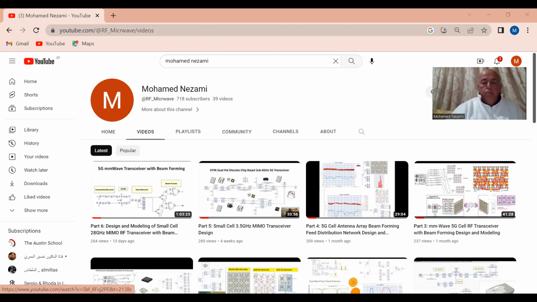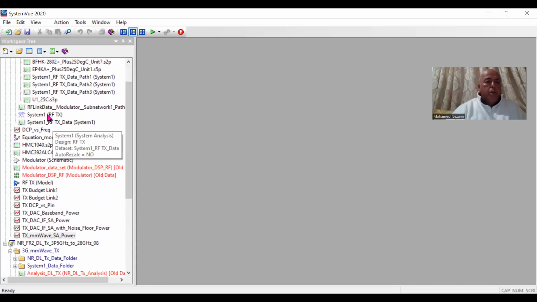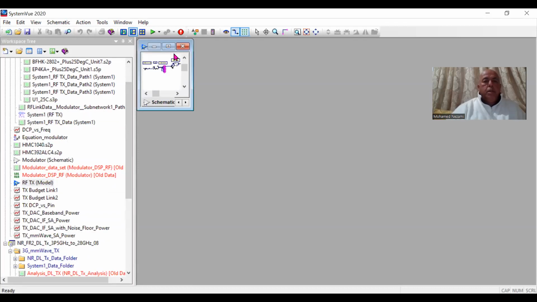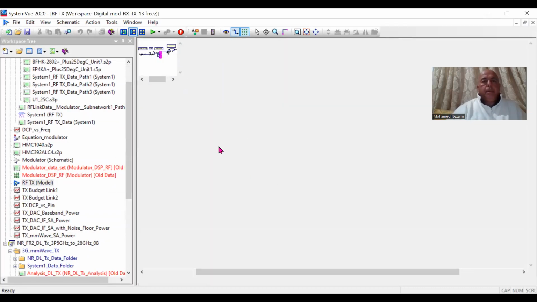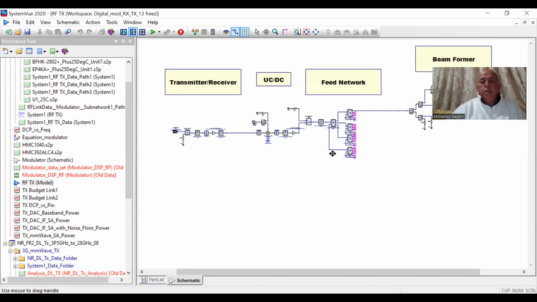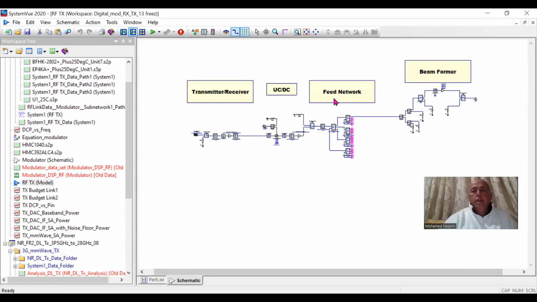And I've done that already here. So realize from last time, this was the transmitter section that I did for the 28 gig.